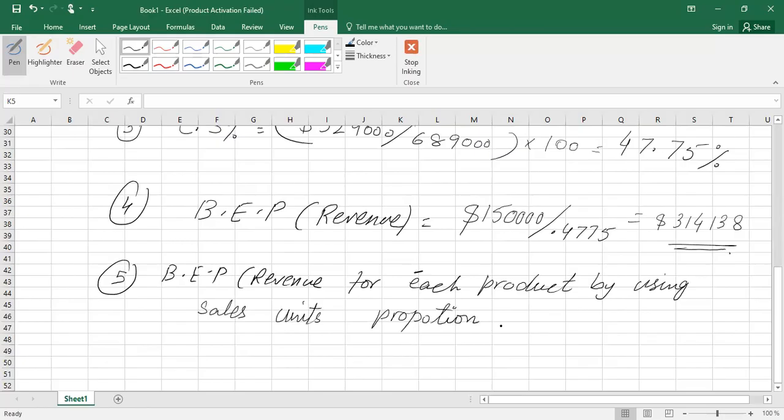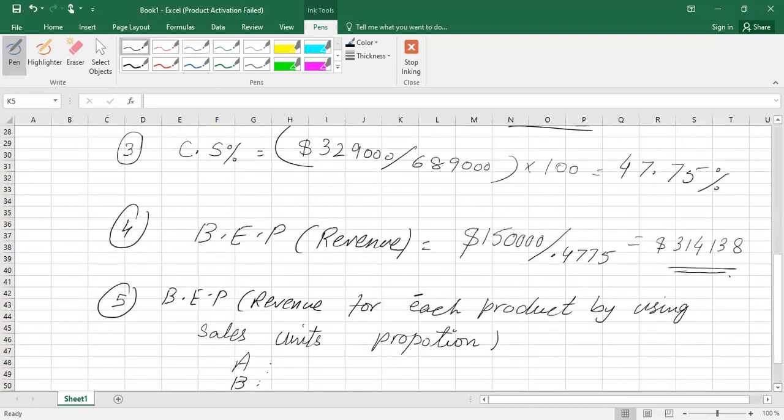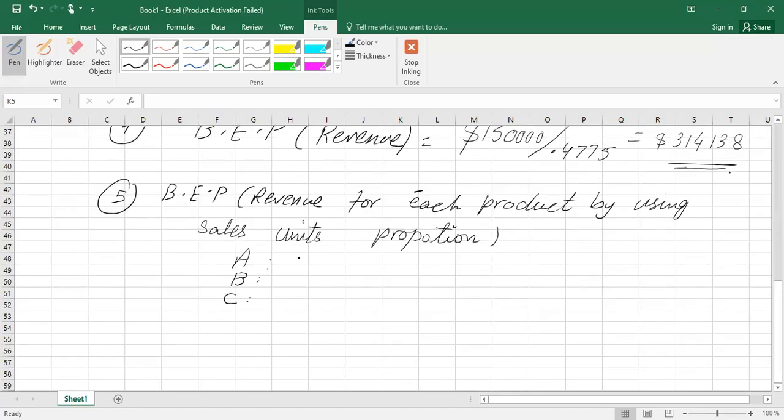So what is the sales units proportion? Three products we have, A, B, and C. We have 10,000 units for A, 13,000 for B, and 17,000 for C. So in total we have 40,000 units.